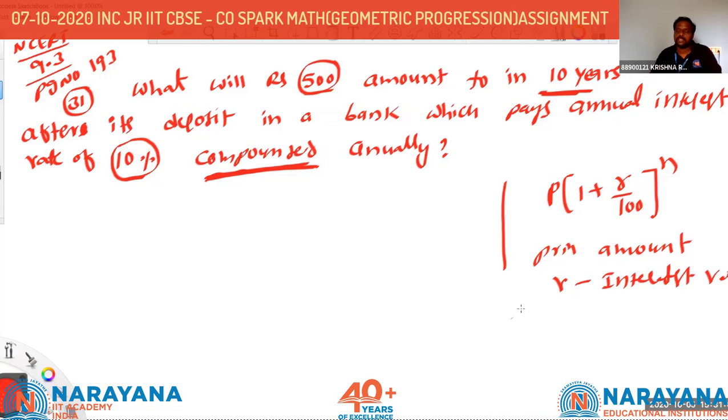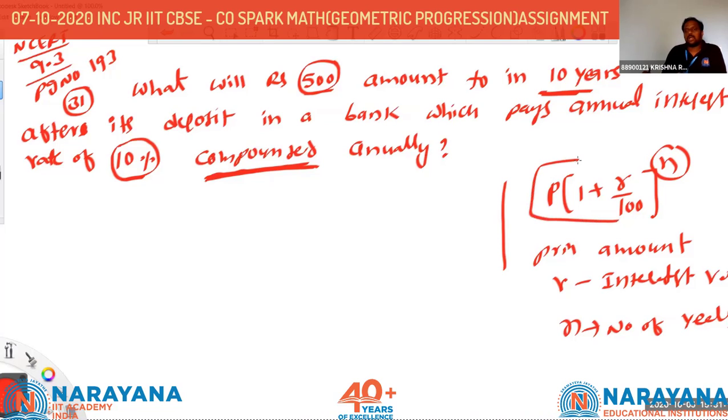N is the number of years. It is how to count the compound interest. R is the rate of interest, n is the number of years, P is the principal amount. Got the point?